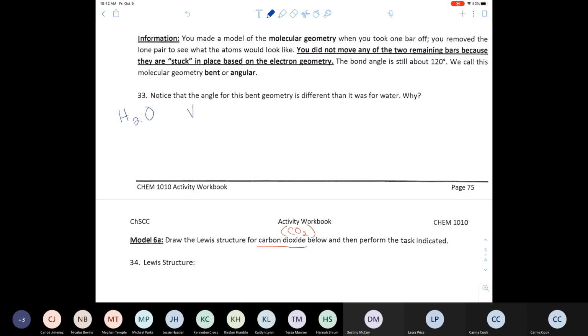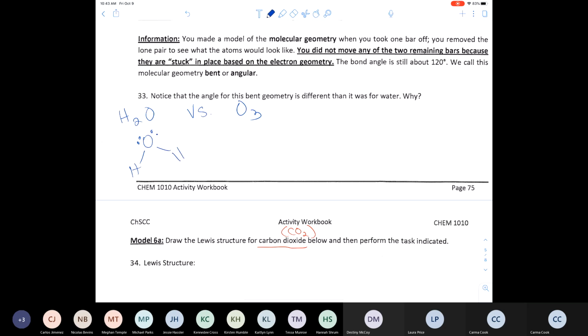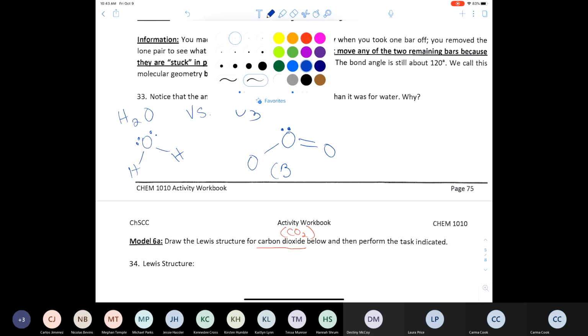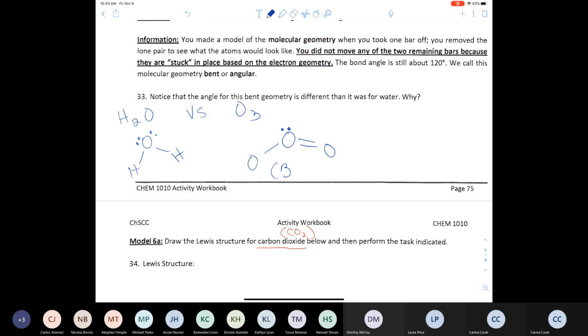So for question 33, water versus ozone. Water's Lewis structure looks like this. Ozone's Lewis structure looks like this. Ozone has an oxygen central atom. The other 2 oxygens are your outside atoms.